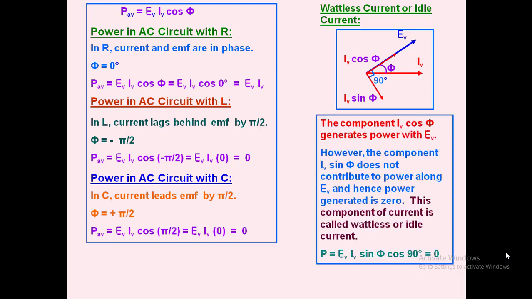The component I_v cos phi generates power with E_v. So this is the factor which is responsible for power. However, the component I_v sin phi does not contribute to power along E_v, and hence power generated is equal to 0. This component of current is called wattless or ideal current. So as the average power is equal to 0, the current is nothing but wattless current. So P equal to E_v I_v sin phi into cos 90, which is equal to 0.